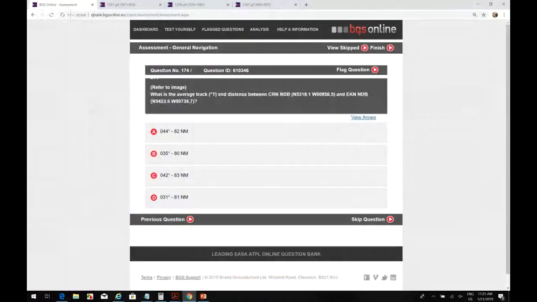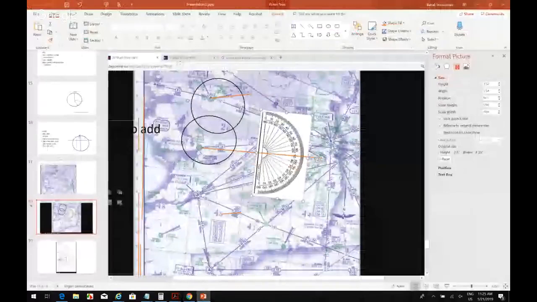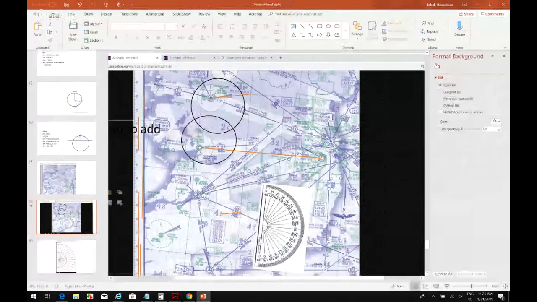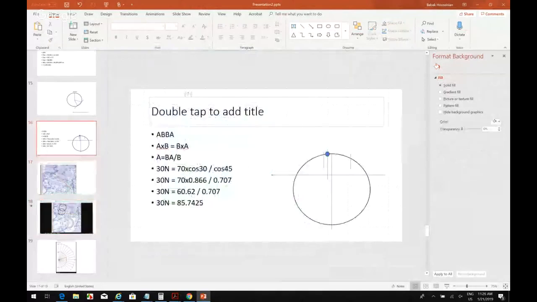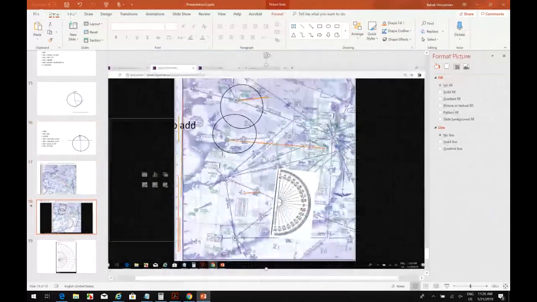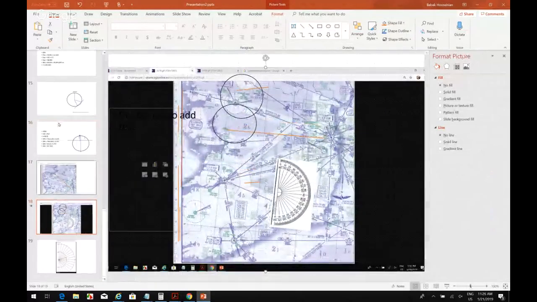What's the average track and distance between CRN and EKN? 5423, 738. 5423. That's off the chart there, isn't it?